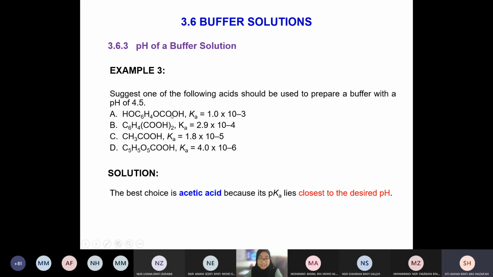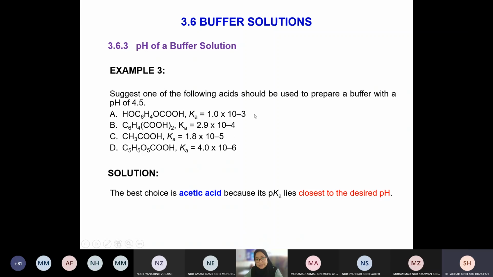Macam mana kita nak select ni? Ni dalam banyak-banyak yang dibagi ni, how do we select which one is the best acid to be used as our buffer component? So we have to calculate for the pKa. After all your pH is 4.5, so you calculate the pKa lah and then compare which one is the closest.